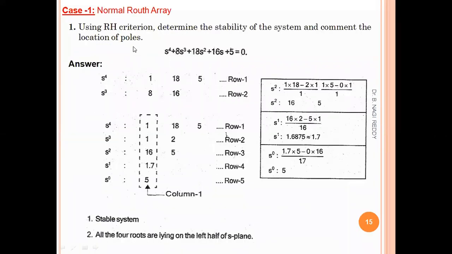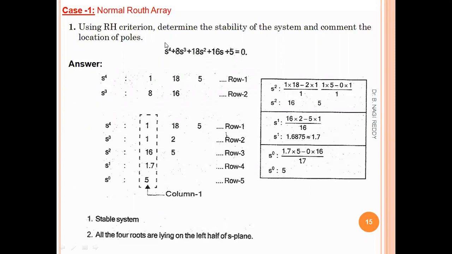The first problem on normal Routh array, which is case 1. The problem is given as: using RH criteria, meaning Routh-Hurwitz criteria. Sometimes he mentions Routh array, sometimes RH criteria, from the examination point of view. So using RH criteria, determine the stability of the system and comment on the location of the poles.